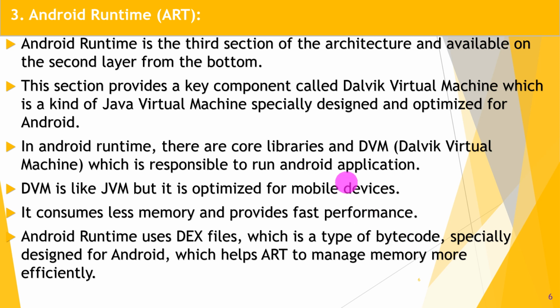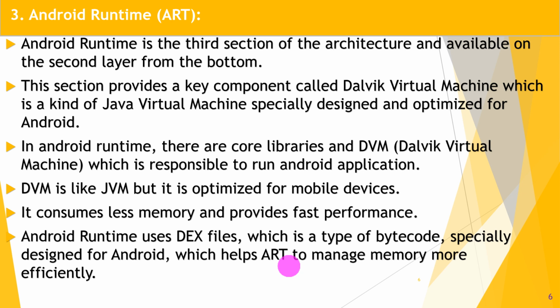Okay, so next, specially designed for Android only, the extension of the file, called DEX files, is a type of bytecode specially designed for Android only, which helps ART, that means Android runtime, to manage memory more efficiently. That is the main part, because in Android we want more response time.